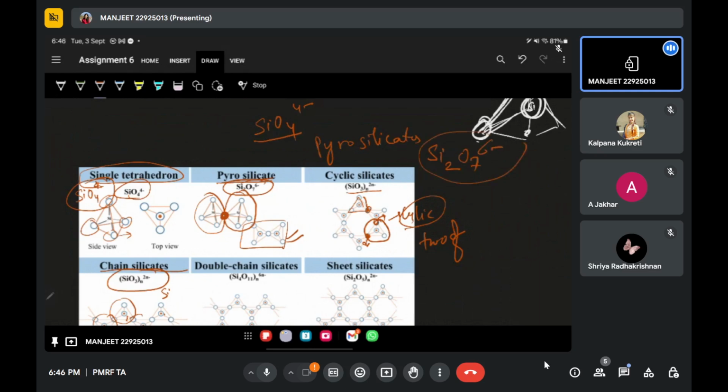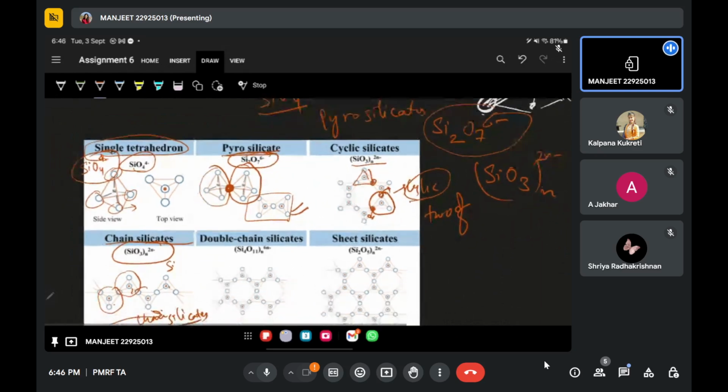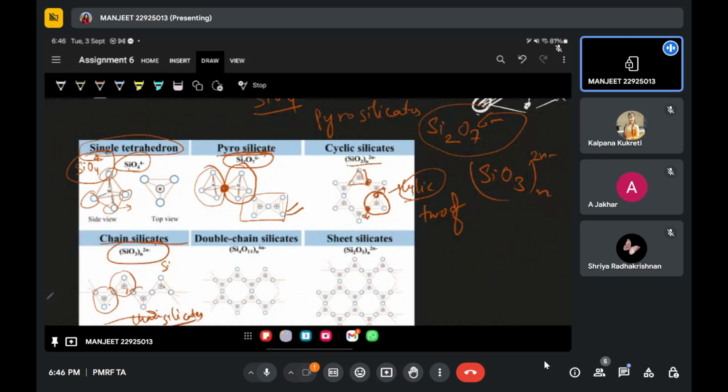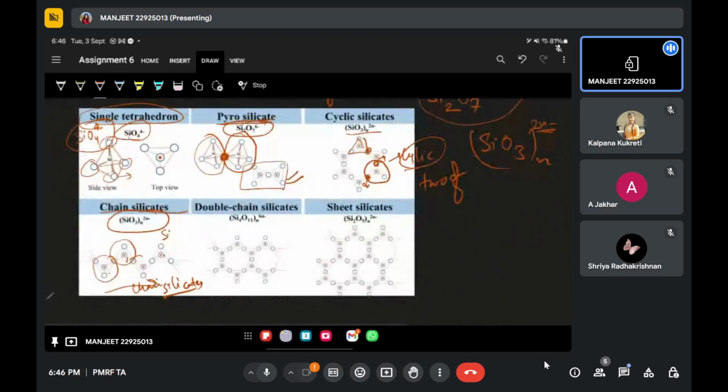In the cyclic one, we have SiO3 2n negative, depending upon the mer unit, because it depends on how many silicates are in your cycle. That's why the charge also depends upon n. In the chain silicate, we have the chain-like structure, so they have the mer unit of SiO3 2n minus.